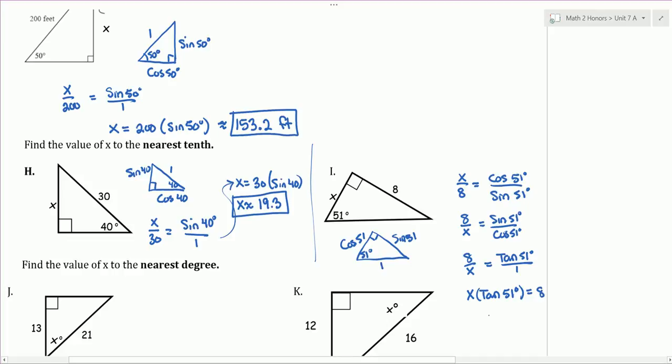And I want x by itself, so I'm going to divide by tangent. So x is 8 over tangent of 51 degrees. Type that into your calculator, and round it to the nearest tenth, and you get 6.5.